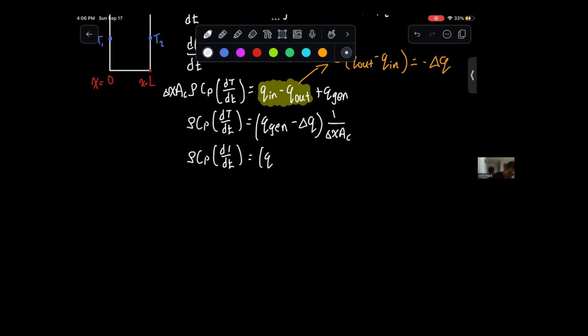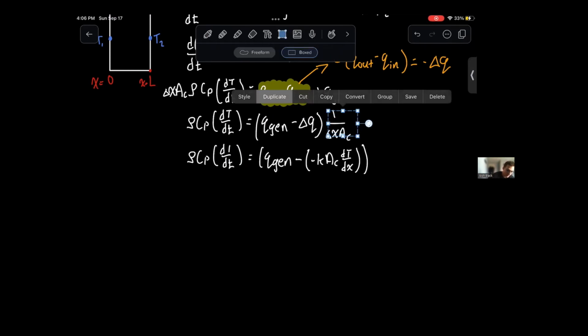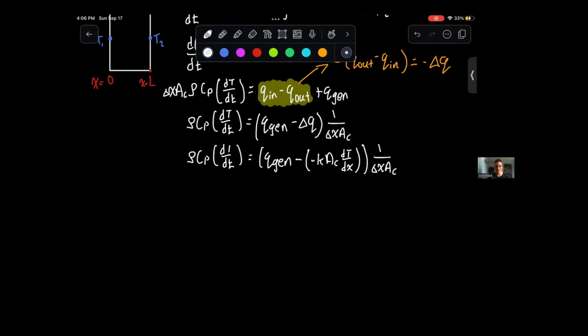So we have Q gen, but we know delta Q is going to be equal to minus k Ac dT by dx. Now, why do we know that? Well, let's think about what we were saying earlier. dT by dx times negative k.